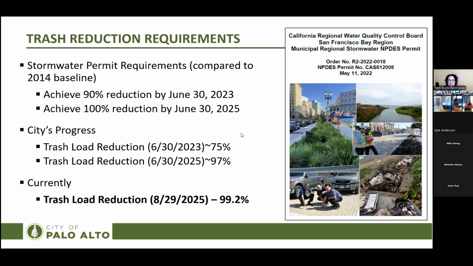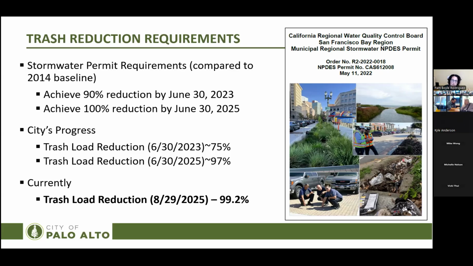We let the water board know that, and let them know our plan to get to 100%. We were planning to get to 100% by the June 2025 compliance deadline. But unfortunately, we ran into some contractor snags, let's say, and we didn't. So we got to 97%. Now we are at 99.2.